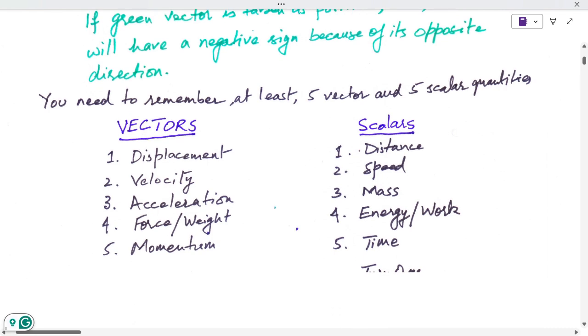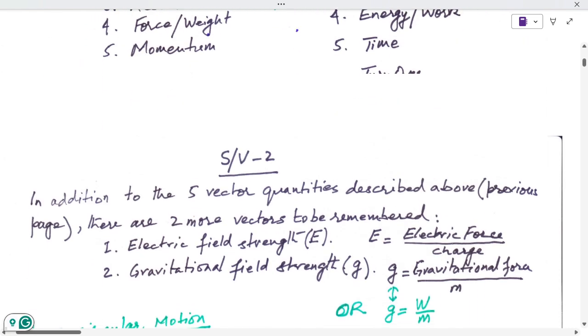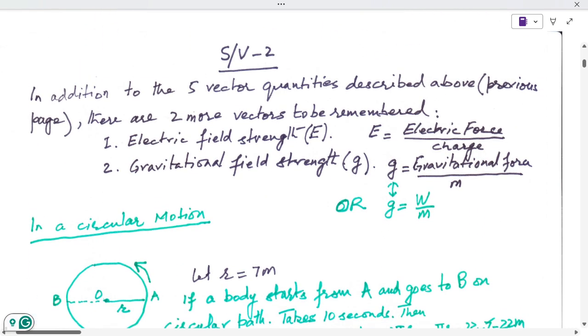There are 2 more vectors to be remembered by the students who are going to take the extended part of the paper, and they are electric field strength and gravitational field strength.